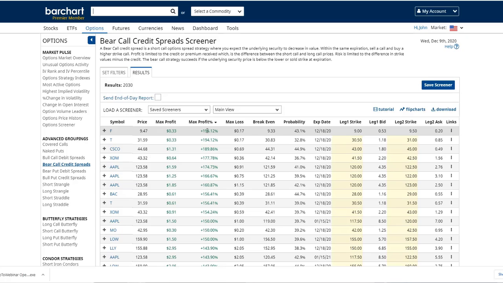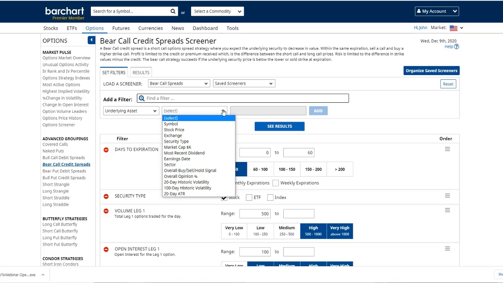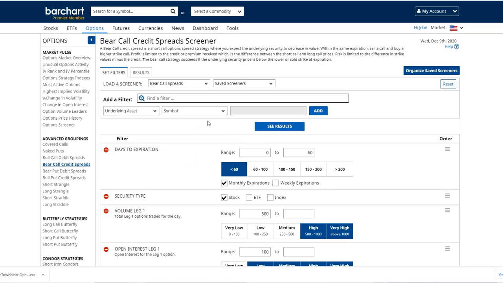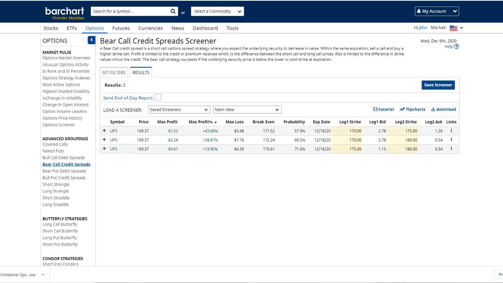If you know, for instance, a particular stock or symbol that you're looking at, you could go into your set filters, and under the underlying assets, you could type in symbol or add it, and then instead of starts with or contains or ends, matches something very particular, let's say UPS, and then I might see only the results for UPS.